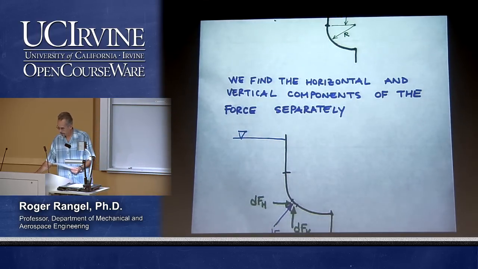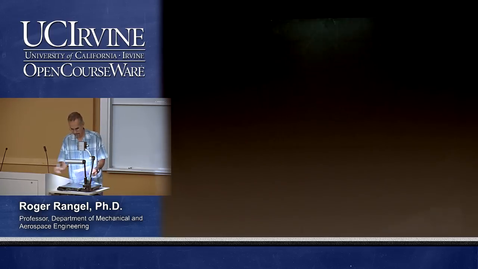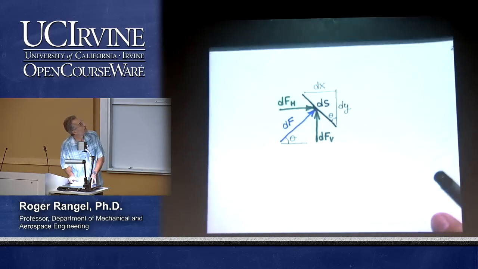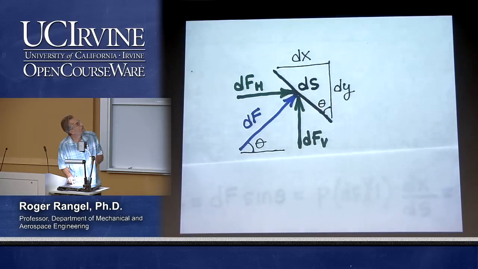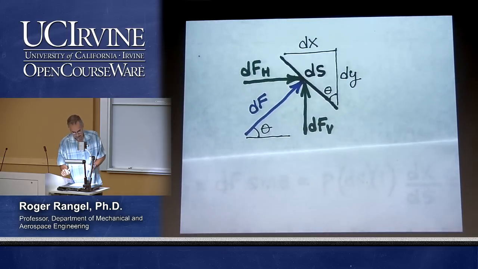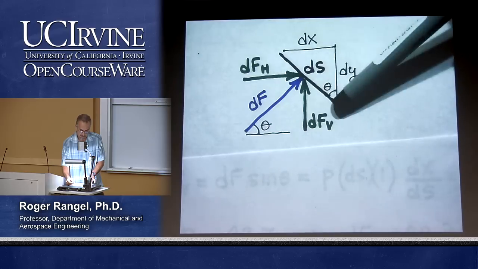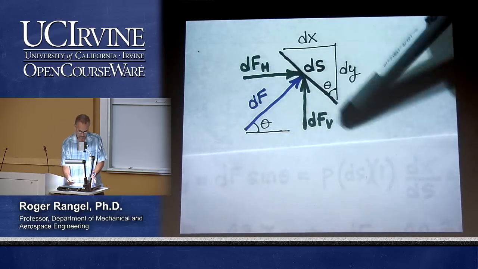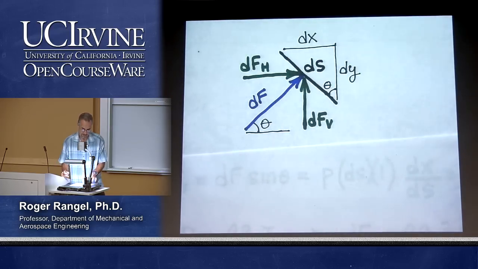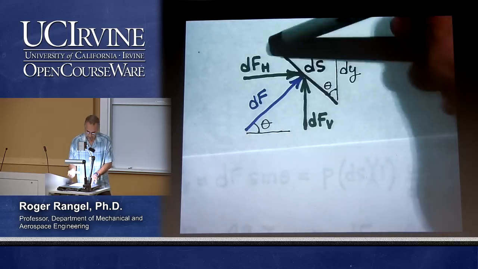So here is another schematic of the same portion of the wall, except that I have zoomed in to see exactly what is going on. In fact, I might want to zoom in a little bit more here, where I can see the portion of the surface, which of course, since I am zooming in and this is a differential segment, I have represented as a little flat segment of length ds.